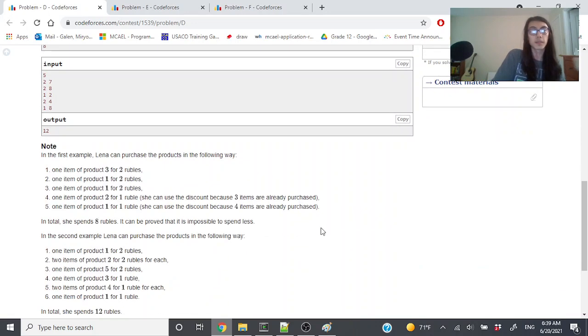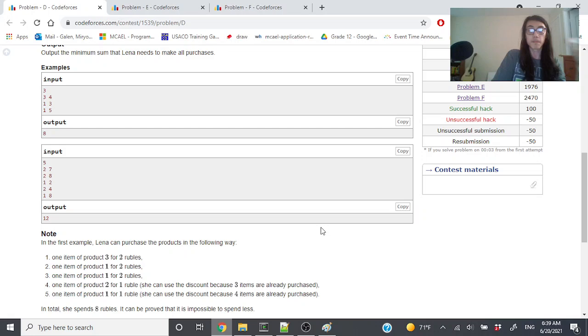One item of product 3, one item of product 1. Right, okay. So we want as many discounted items as possible. So is it optimal to process in decreasing order of value?